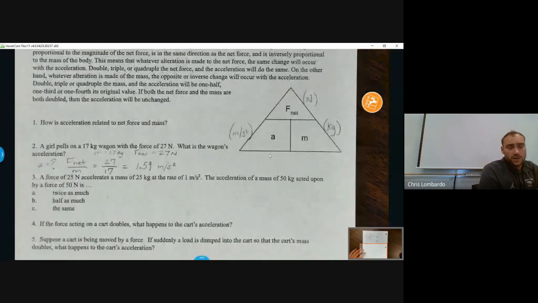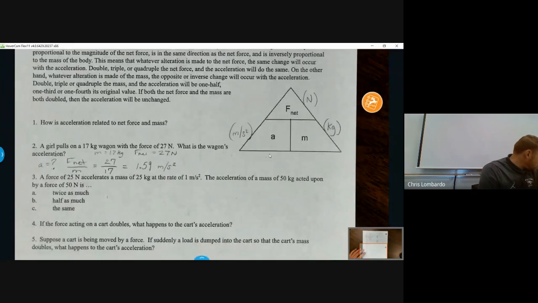So a force of 25 newtons accelerates a mass of 25 kilograms at a rate of 1 meters per second squared. What is the acceleration of a mass of 50 kilograms acted on by a force of 50 newtons? Well, what is the acceleration going to do?